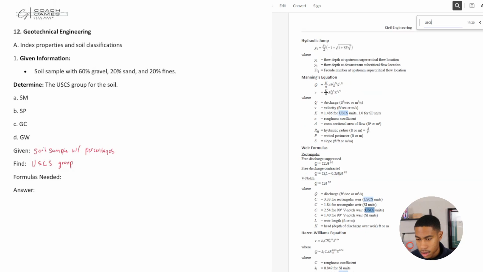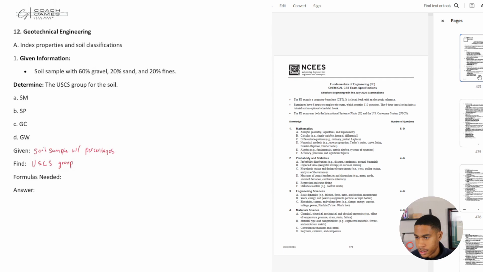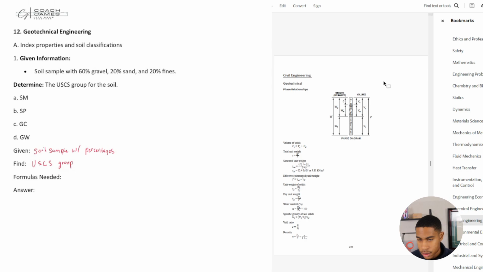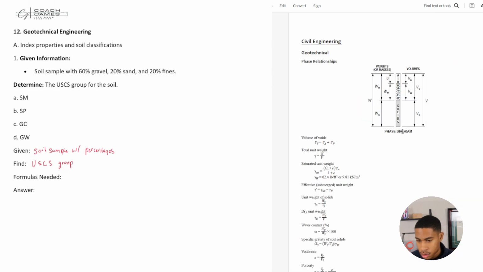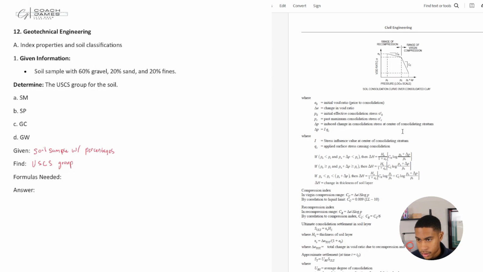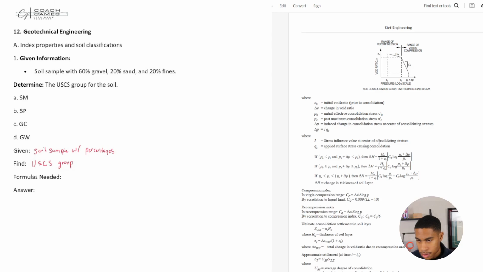There should be a section in here that has soils. So we first have to get to the geotech section, because when I search USCS, that doesn't help me out. So let's go to civil engineering. And we know that we're in geotech right now, just by what it says.